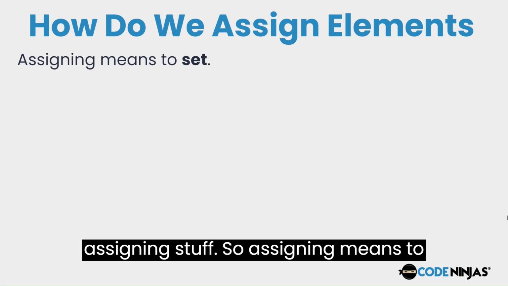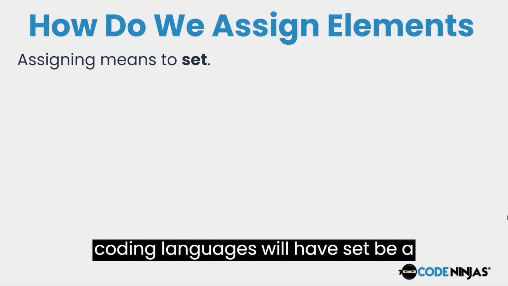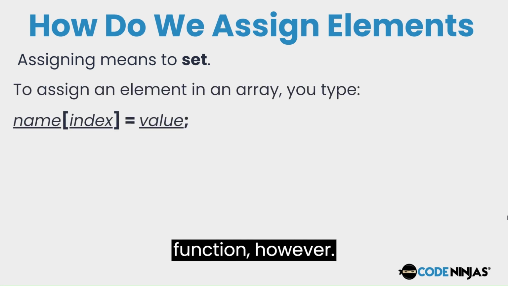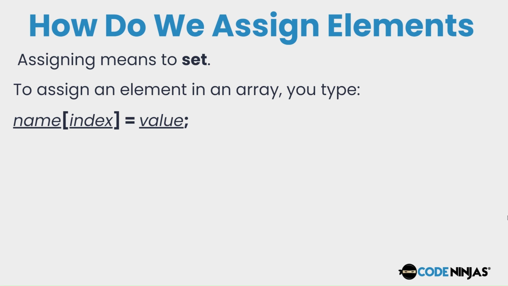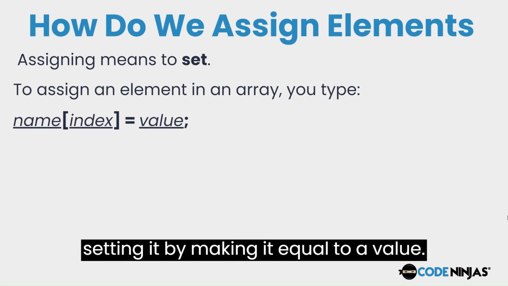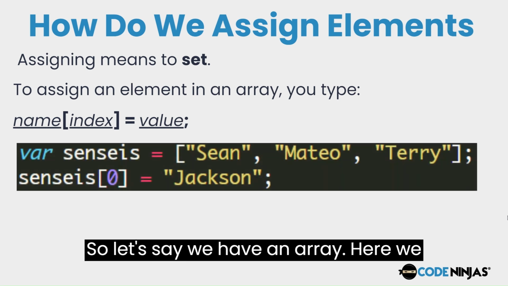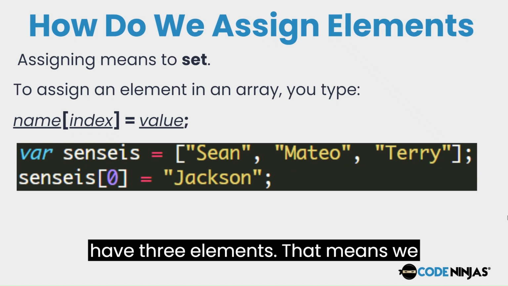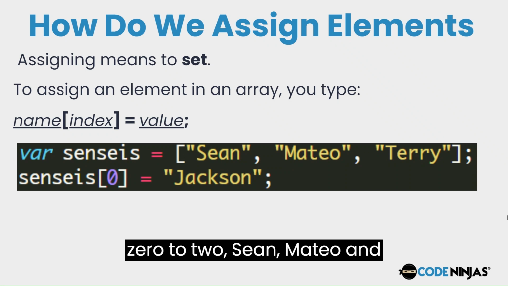Alright, we're going to be assigning stuff. Assigning means to set. And just like .get, some coding languages will have .set be a function. However, in Java, we're just looking at setting it by making it equal to a value. So, let's say we have an array here. We have 3 elements. That means we have an array ranging from 0 to 2.